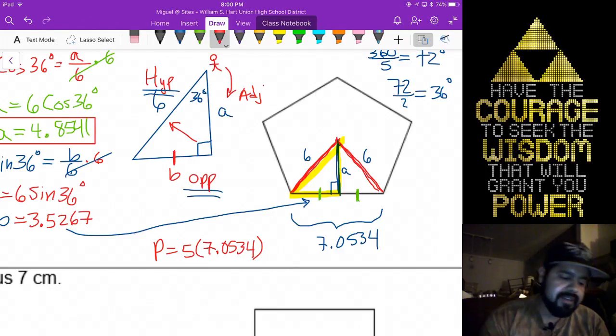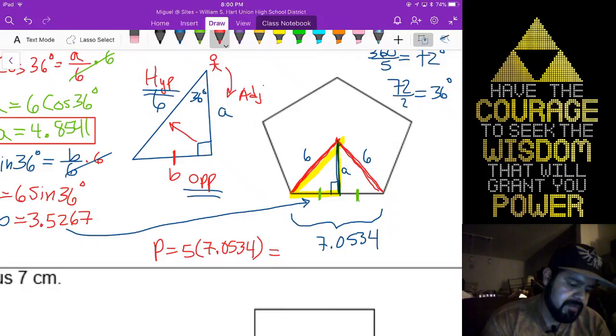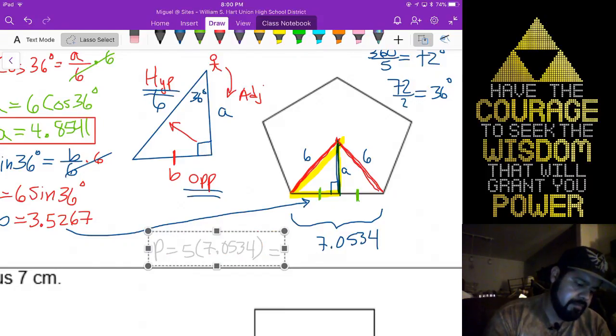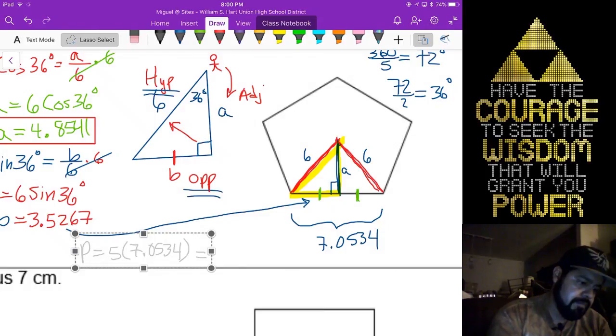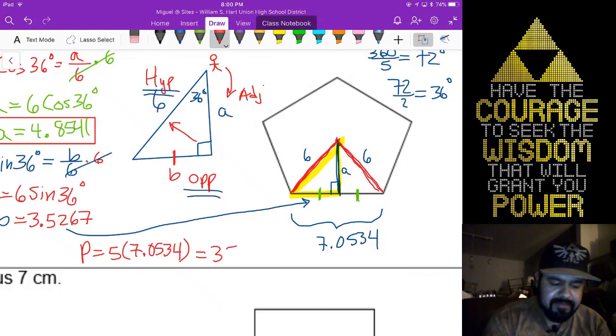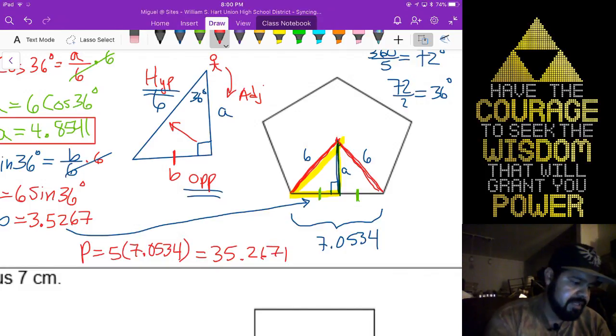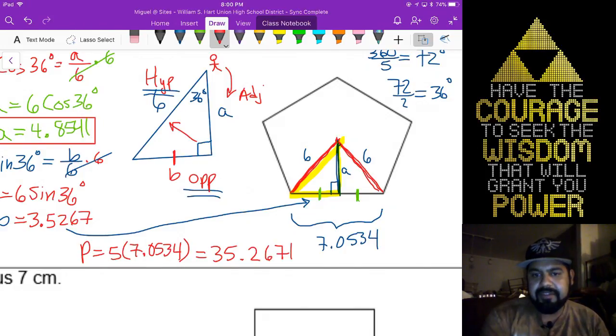So I have a 35.2671. Let me fix that up. Okay, so now we have our perimeter. We have our apothem. We're good to go.